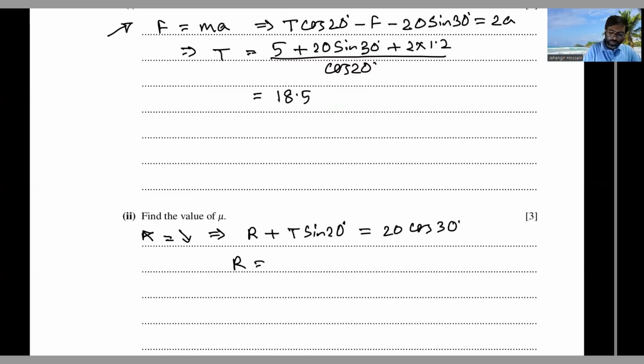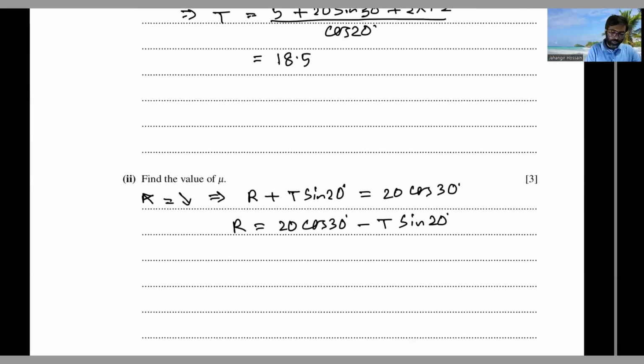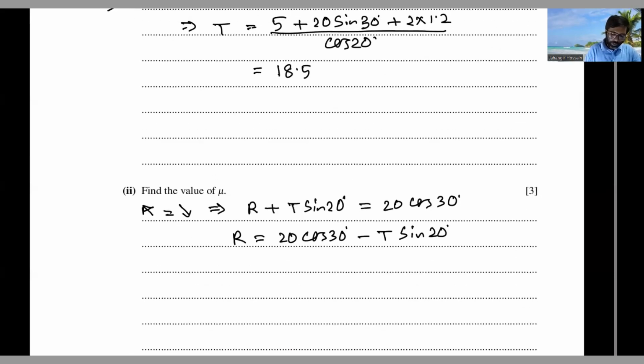So R is 20 cos 30 minus T sin 20. Don't substitute here the value of T which is rounded to 3 significant figures, 18.5. Rather, use the value of T which you have in your calculator, or you calculated T.